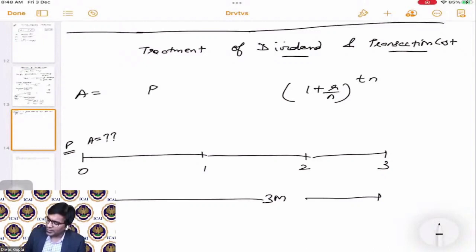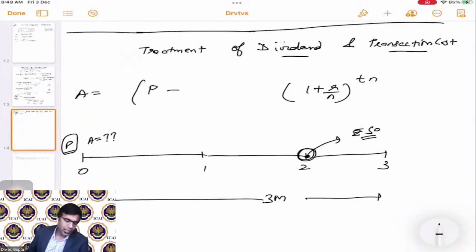But one more additional fact that is given to us is, after the second month, there is a dividend of rupees 50. The shareholders are expecting a 50 rupees dividend after the second month. So that means this 50 rupees has to be adjusted in this price.